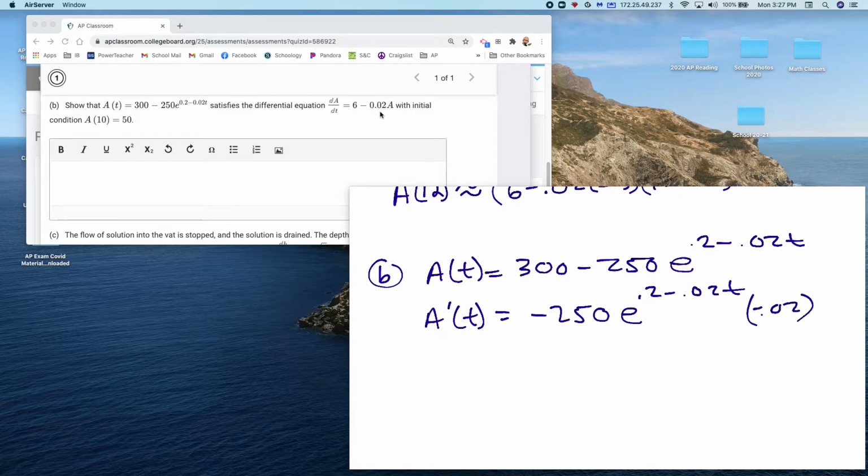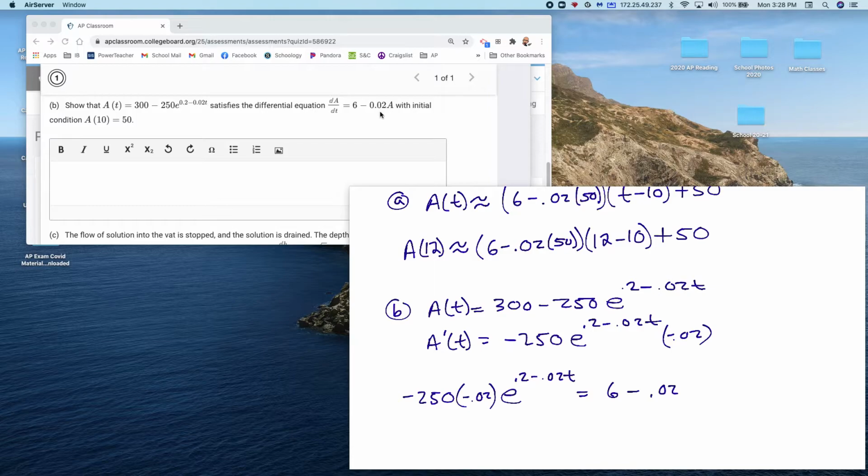So we're supposed to verify that negative 250 times negative 0.02 e to the 0.2 minus 0.02 t is equal to 6 minus 0.02 times A, which in this case A was 300 minus 250 e to the 0.2 minus 0.02 t.